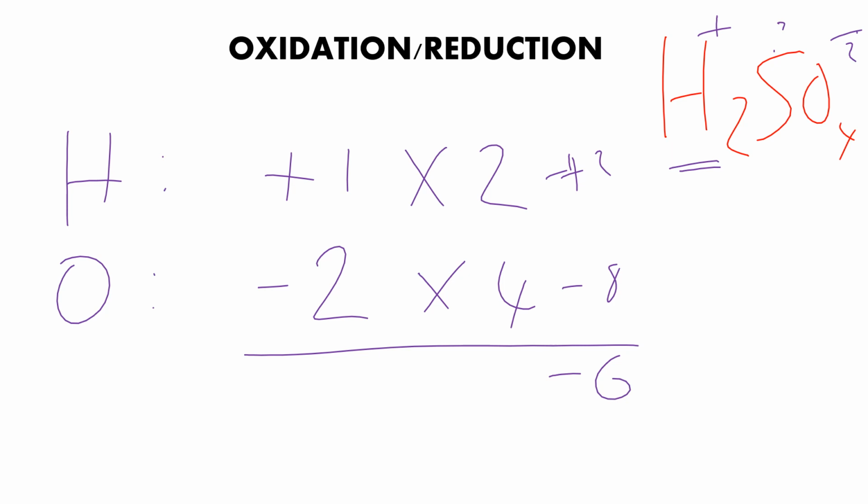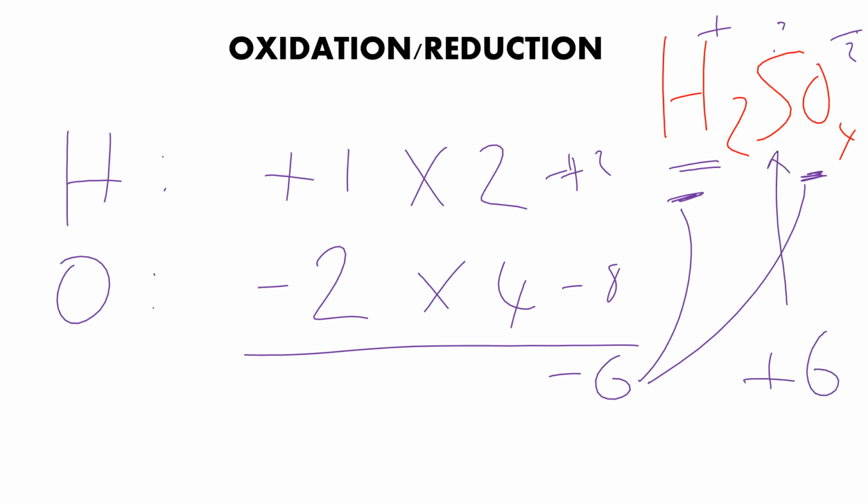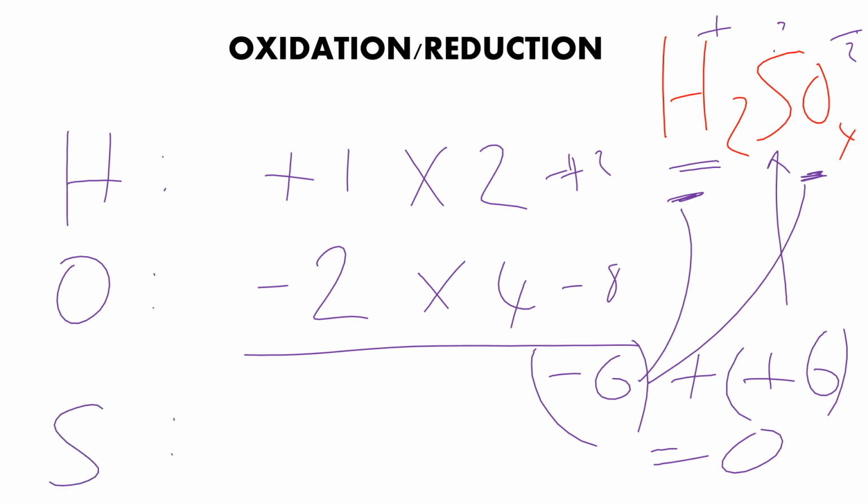So the sum of the oxidation states of the hydrogen and the oxygen are -6, which means the sulfur has to be +6 to balance it out. -6 plus +6 has to equal 0. So the sulfur has got an oxidation state of +6. It's that easy.